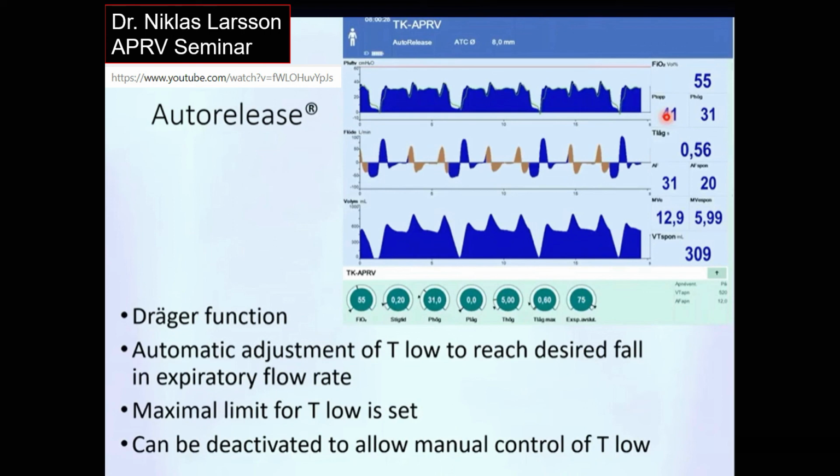It sounds great, but in talking to some of those who use it, it sounds like it's still preferable to eyeball it and intermittently change the T-low yourself. In any case, it's not a feature that's available on the G860, so not something we have available anyway.